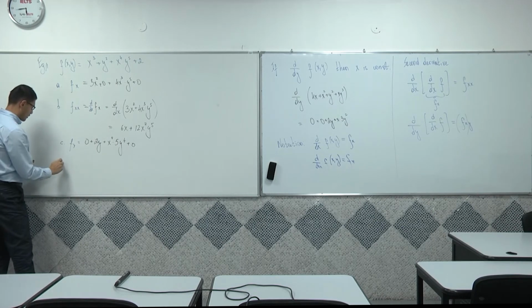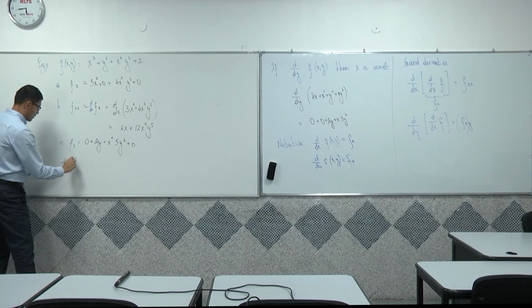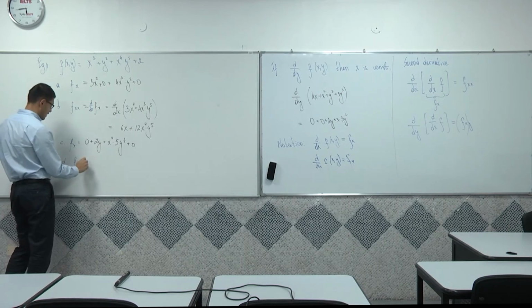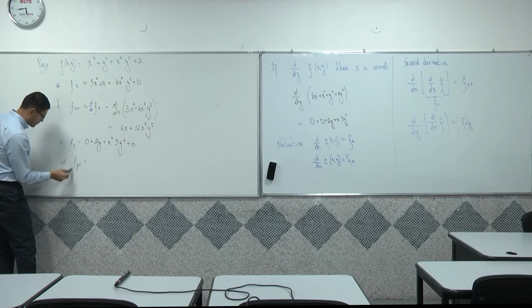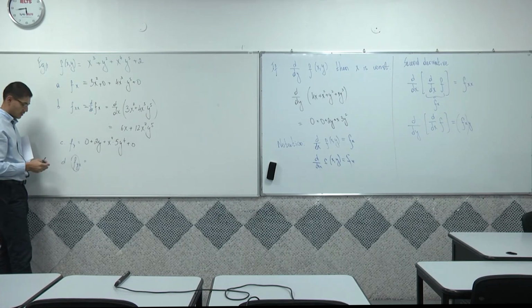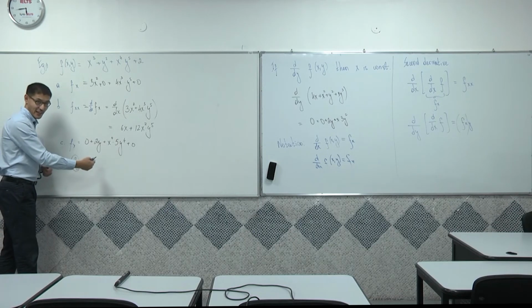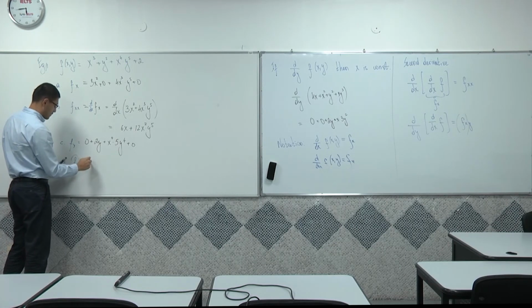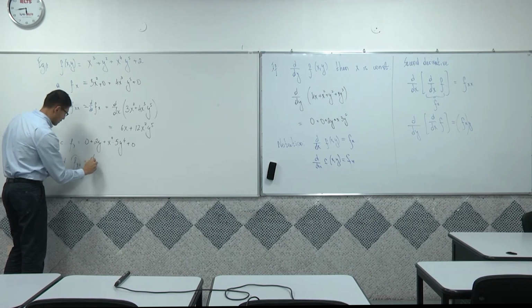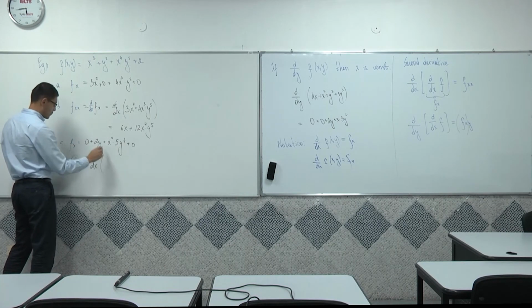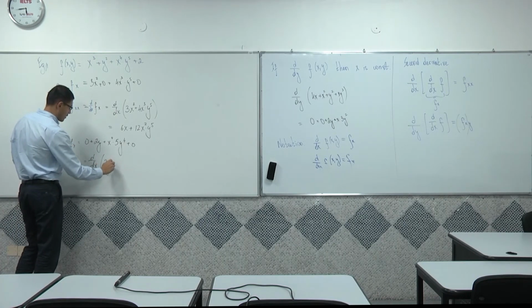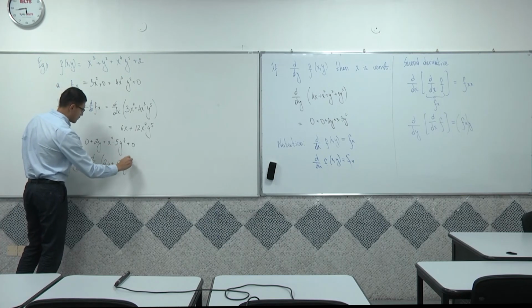And then let's say you want to calculate f y x. What this means is that you want to take the derivative of f with respect to y first, and then take the derivative with respect to x. So basically, we want to take the derivative with respect to x of f y, which is 2y plus 5x to the 4, y to the 4.